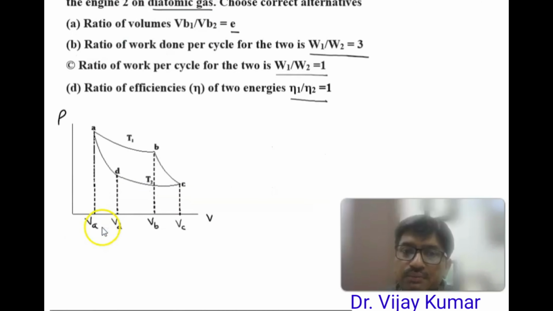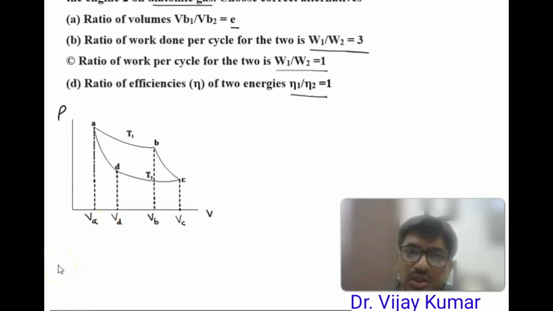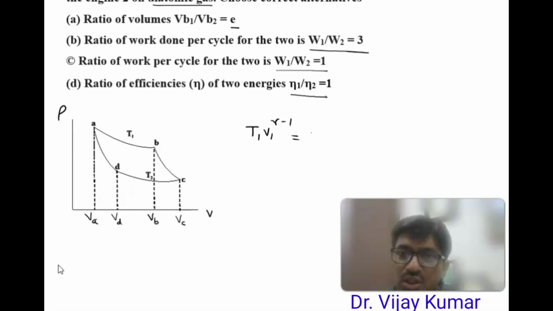If we see this diagram, then BC and AD show the adiabatic processes. For adiabatic, we know that T1 V1 to the power gamma minus 1 equals T2 V2 to the power gamma minus 1.